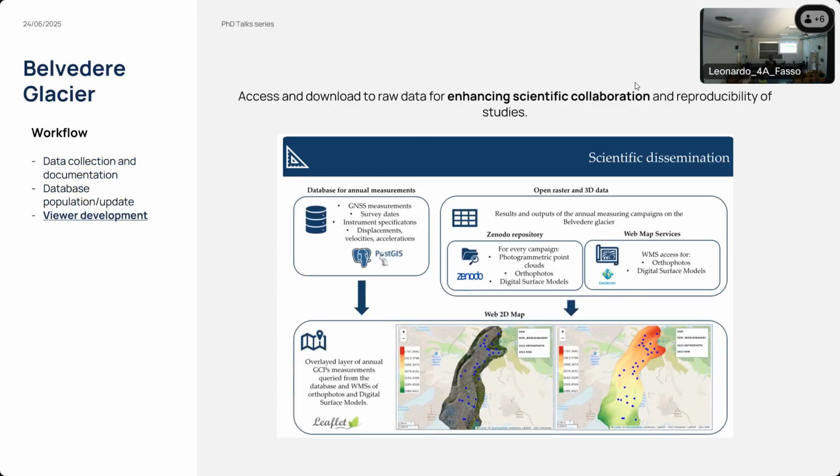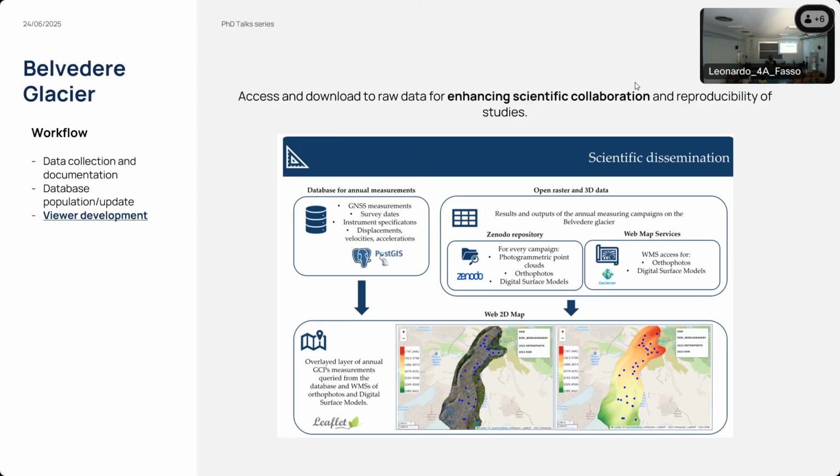The first one is the scientific dissemination for researchers in the field of glacier monitoring, so not only geomatics people working with GPS or drones, but also glaciologists, geologists, and more, that are interested in accessing not only the data inside the database with the structure that is derived from the one of bridge inspections, but also query them in an easy to access way.